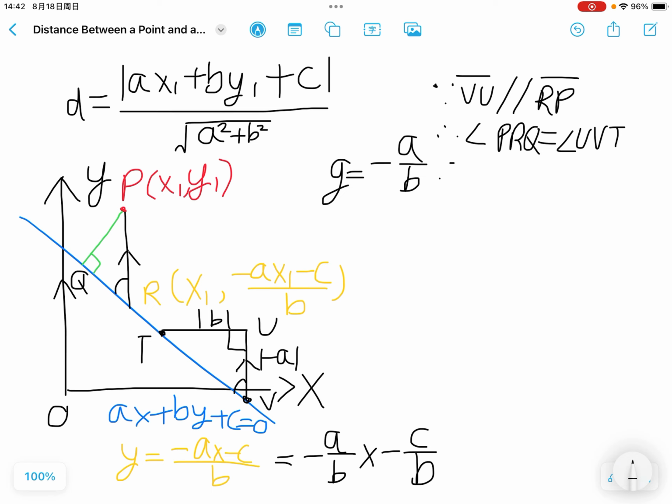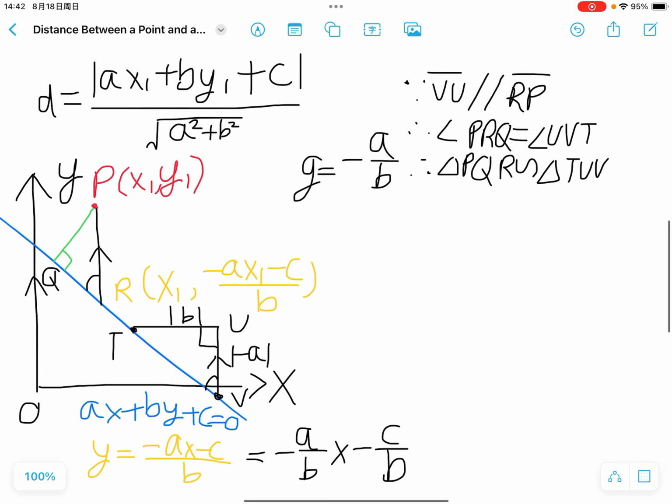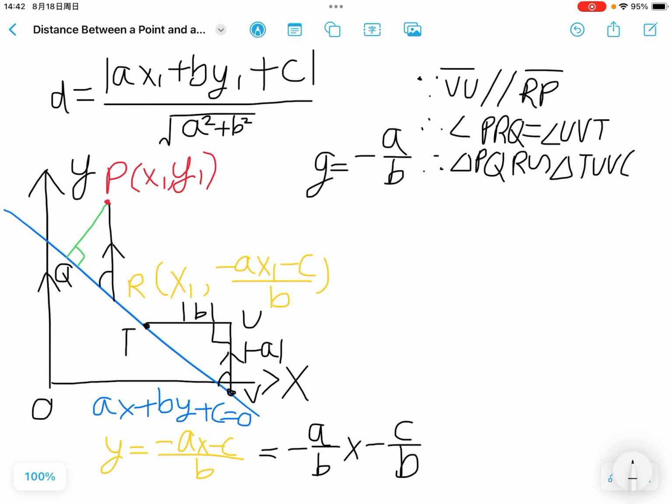This tells us that the two triangles, triangle PQR and triangle TUV, are similar to each other, and they're similar because of the angle-angle theorem.